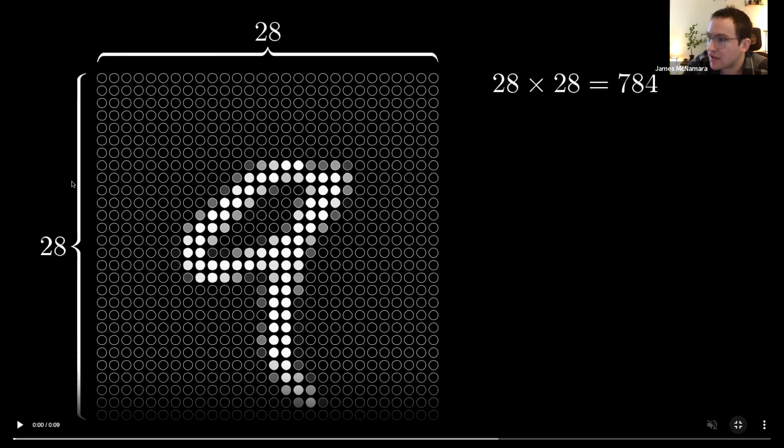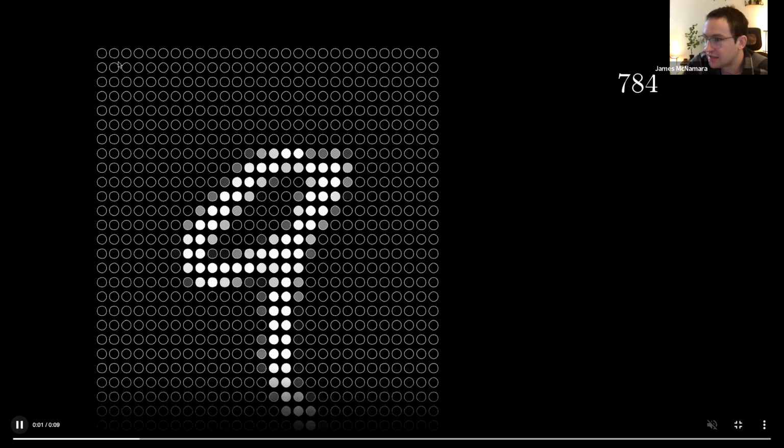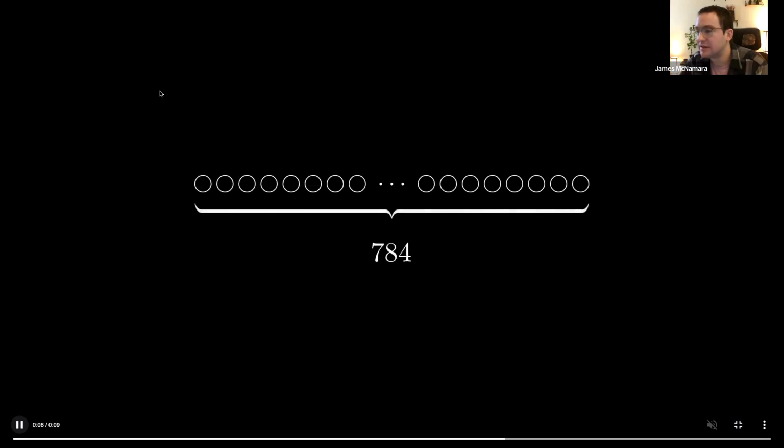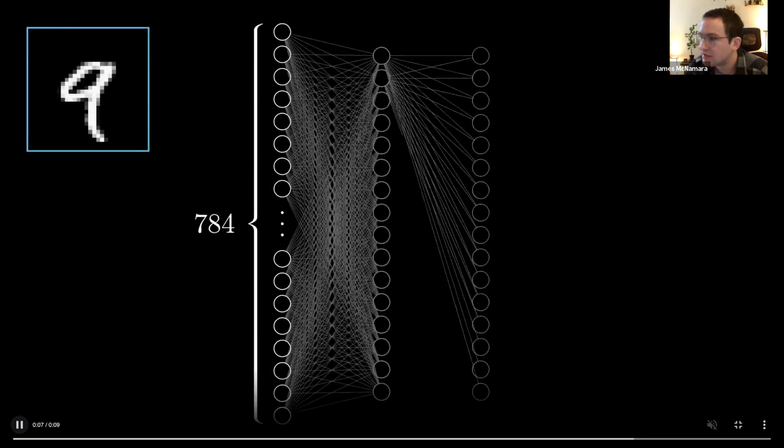So if this is a 28 by 28 image, it's kind of just a list of 784 numbers that range from 0 to 1. So that could be an input to a neural network. All we'd have to do is take the matrix, break it apart, line them all up, and treat them as our inputs.